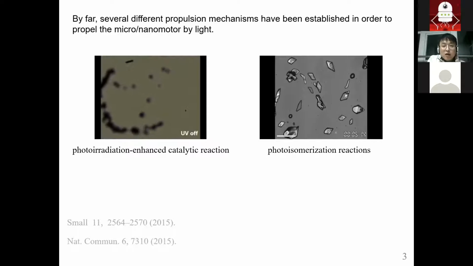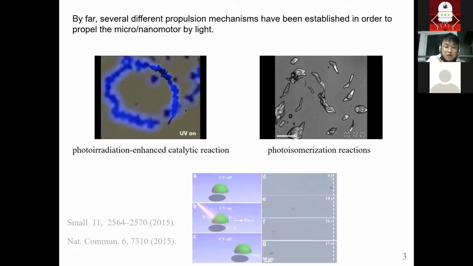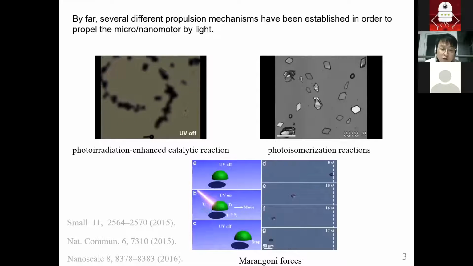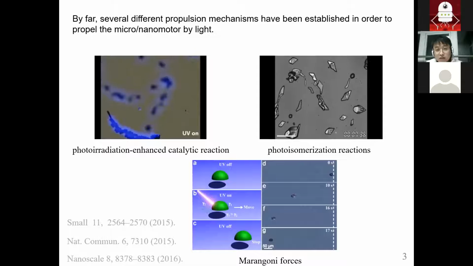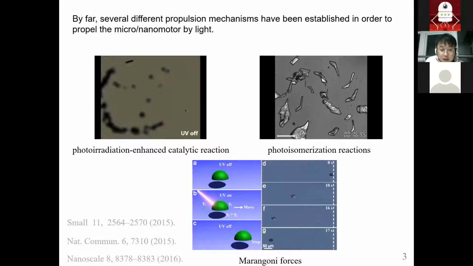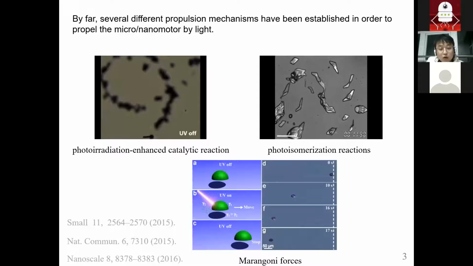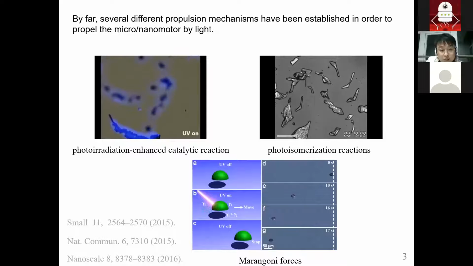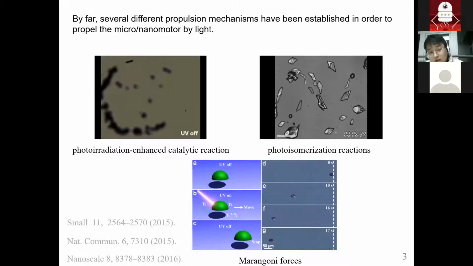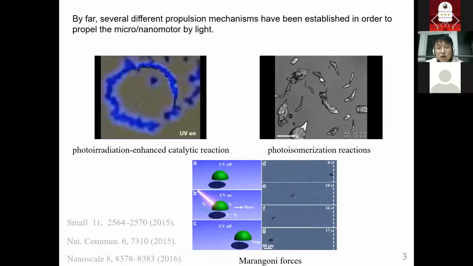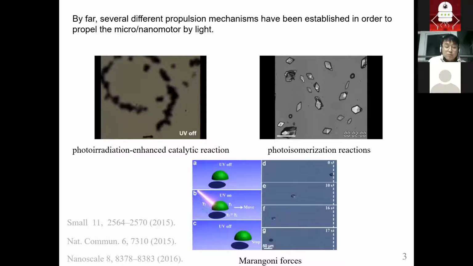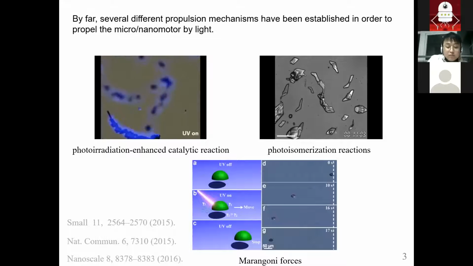It can also be achieved by the Marangoni force originating from a surface tension gradient, caused by the photodoping process or by surfactant released from a photodegradable polymer. And recently, some new mechanisms have been reported.